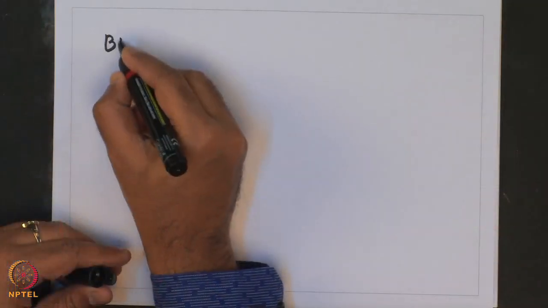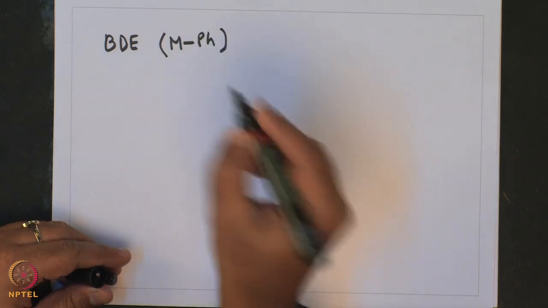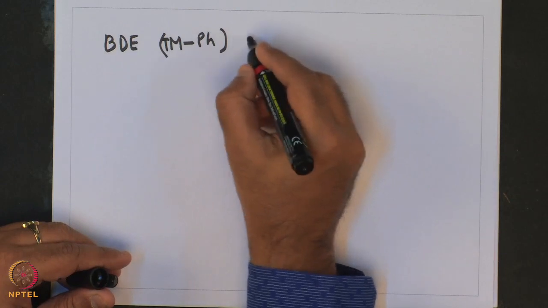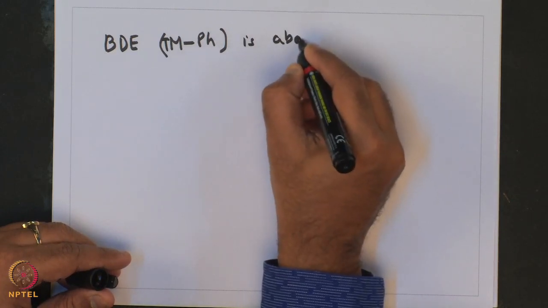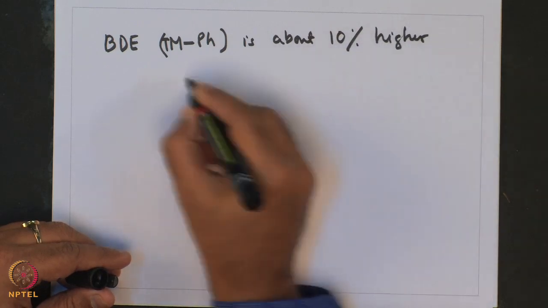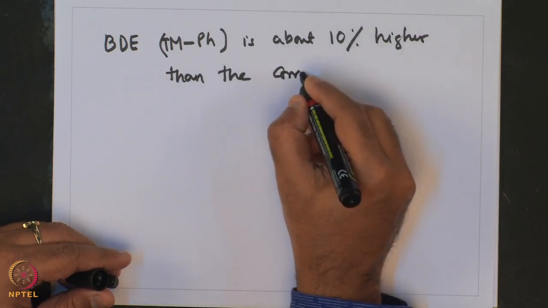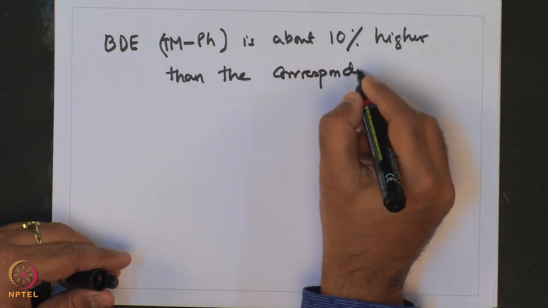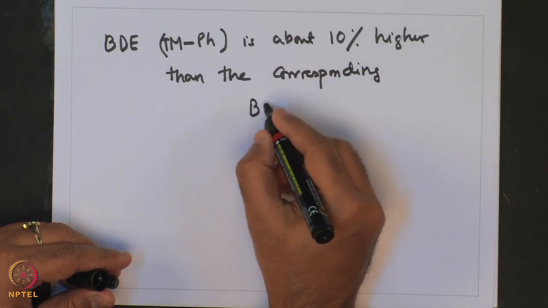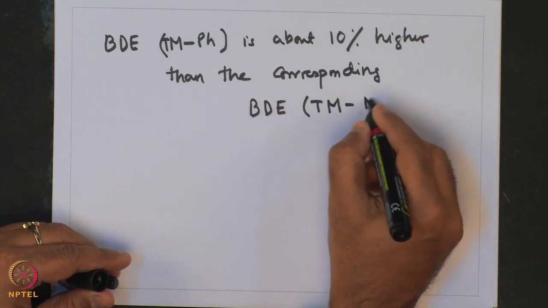For example, the bond energy of a transition metal phenyl bond is about 10% higher than the corresponding bond dissociation energy of transition metal methyl bonds.